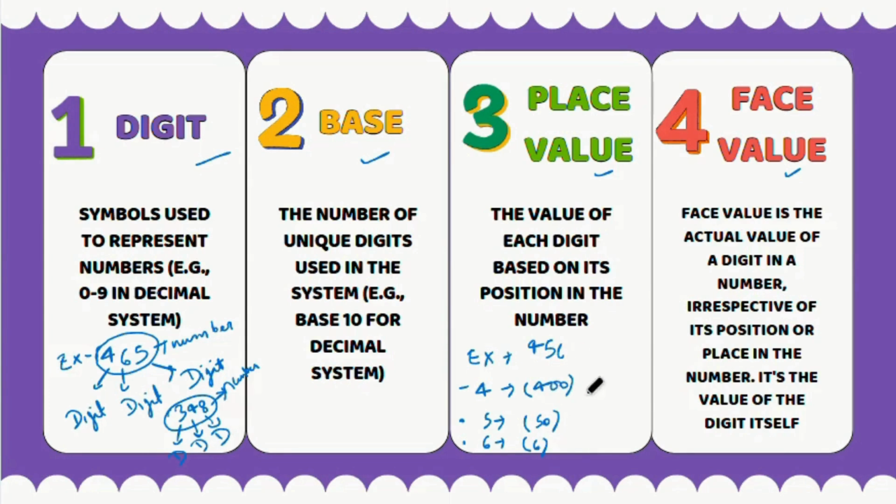Adding all this, you will get 456. So it is nothing but the value of each digit based on its position in the number. Understood?